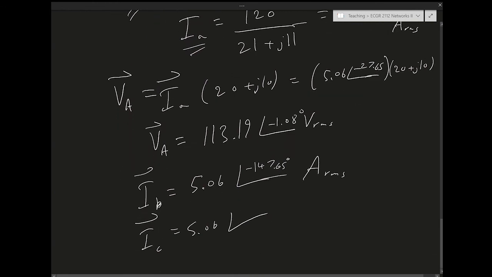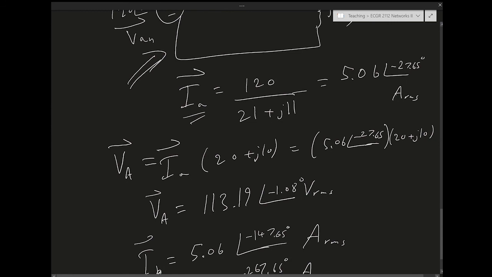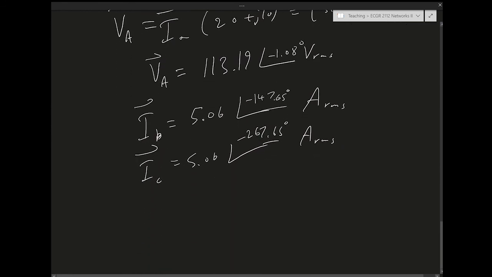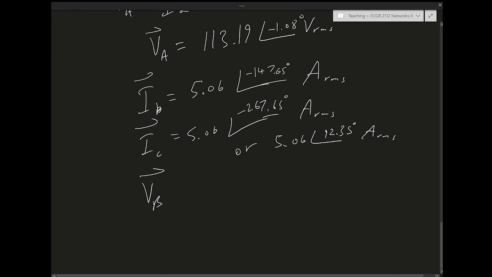Let me subtract 120. So I end up with minus 267.65 degrees ARMS. If I wanted to add 120, I would end up with 5.06 at 92.35 degrees ARMS.